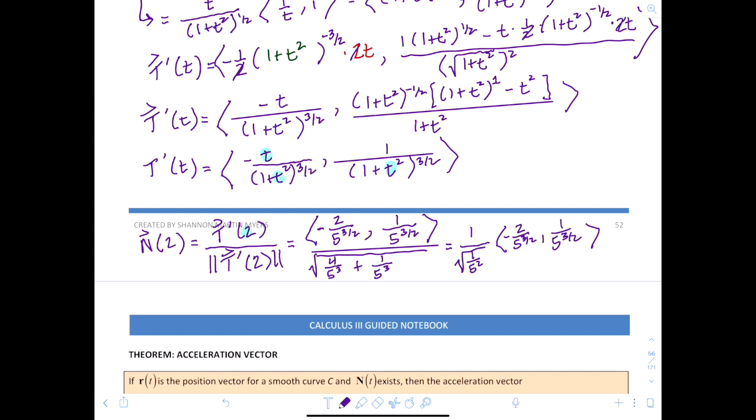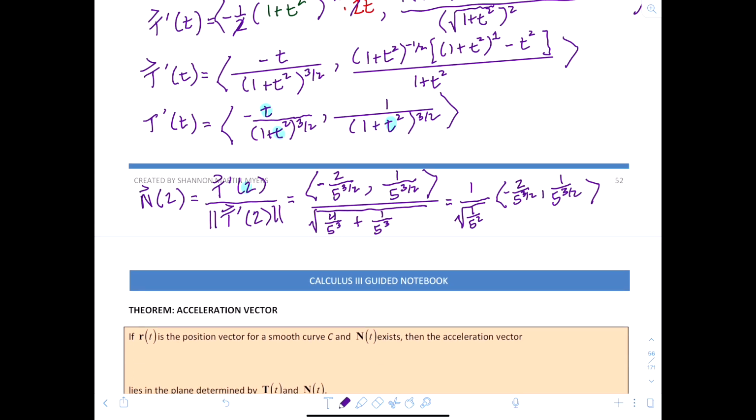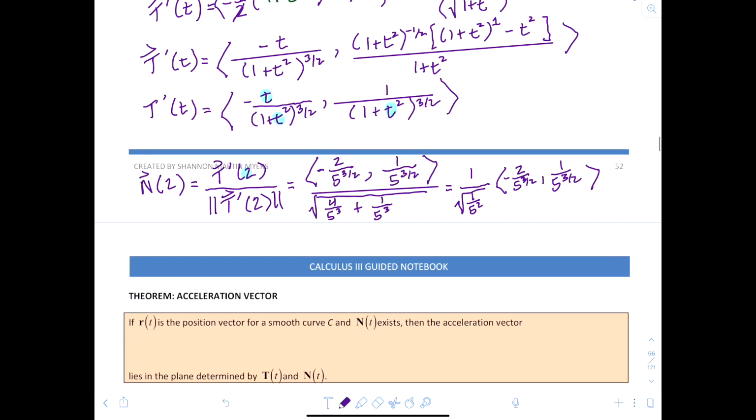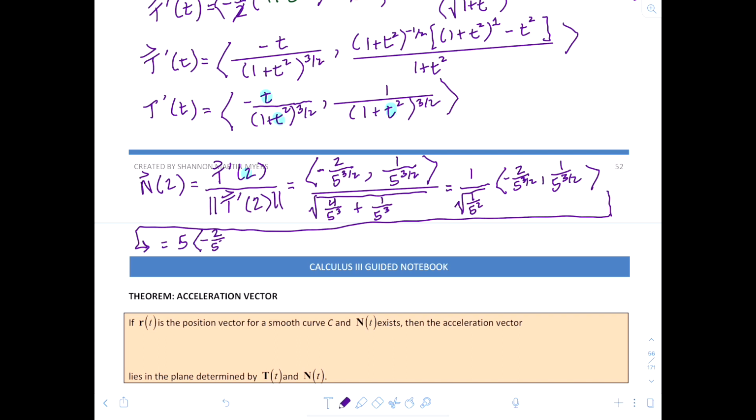And we're almost done. The square root of 1 over 5 squared is a fifth, right? That 5 would jump up there. So we would have 5 to the 1 times negative 2 over 5 to the 3 halves, comma, 1 over 5 to the 3 halves.